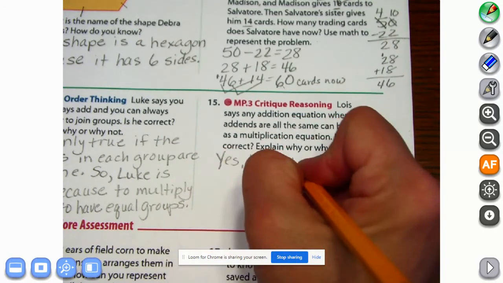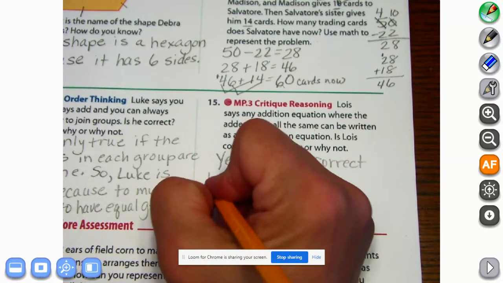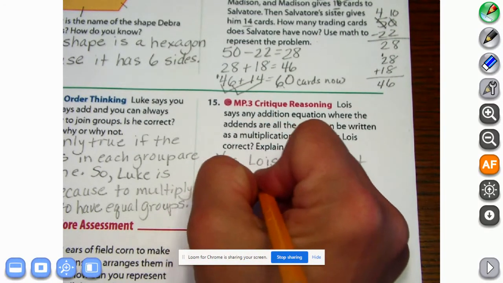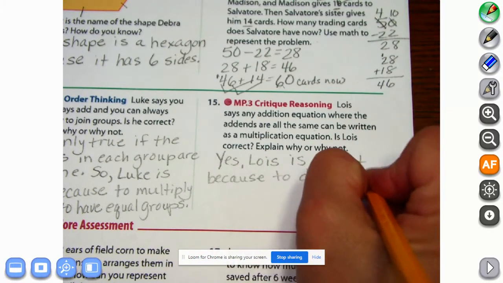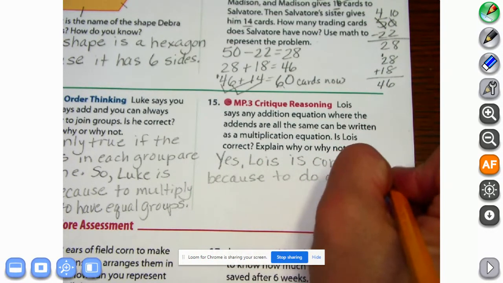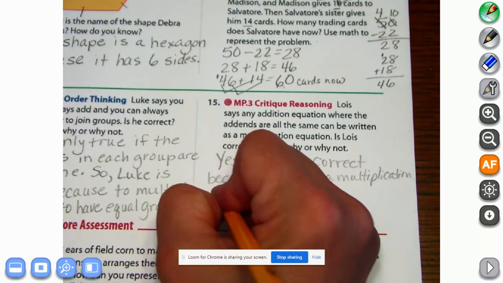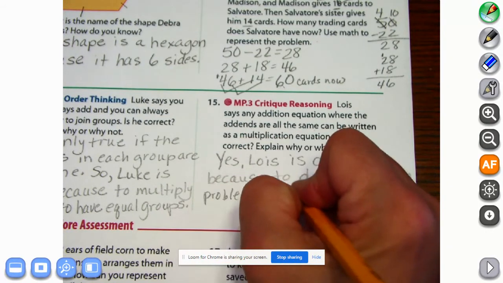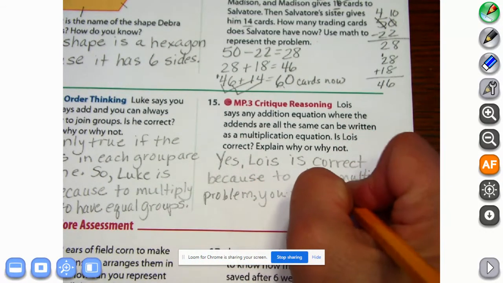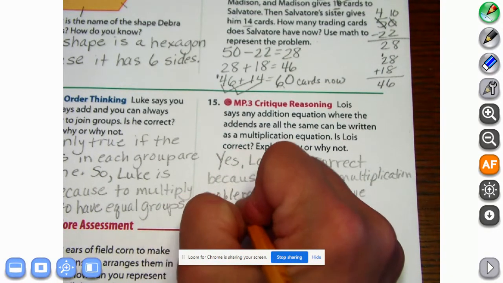Lois is correct because to do a multiplication problem, you must have equal groups.